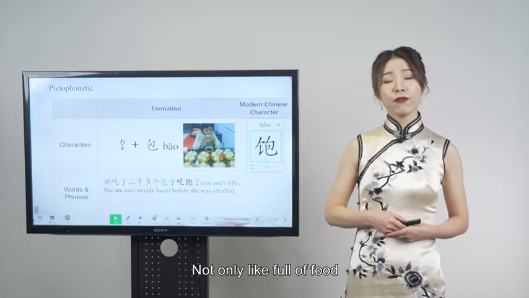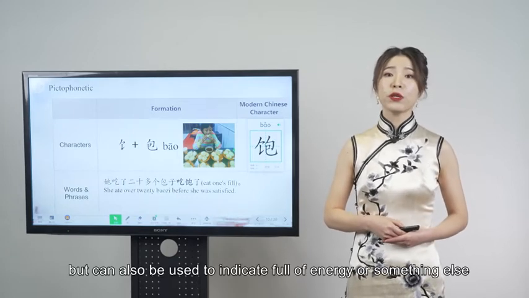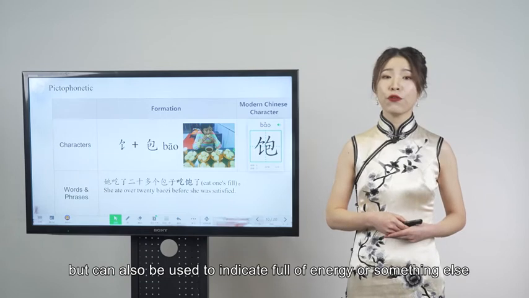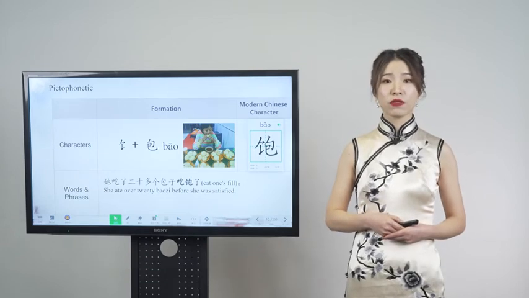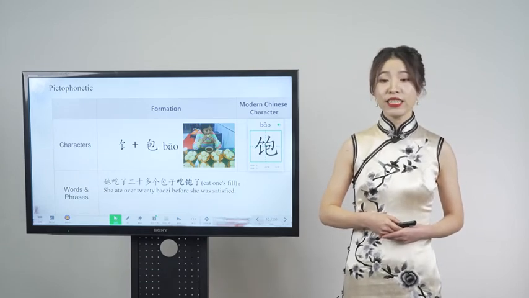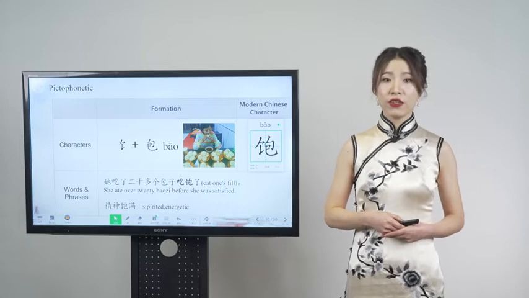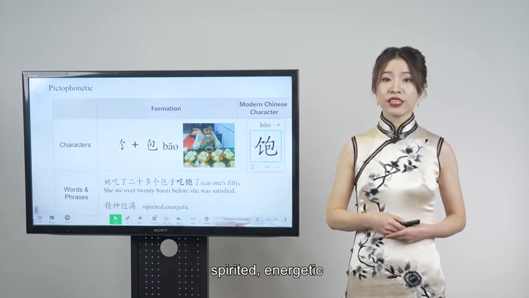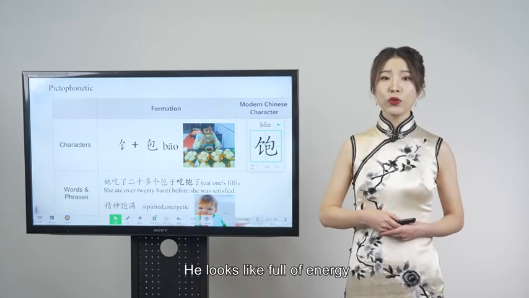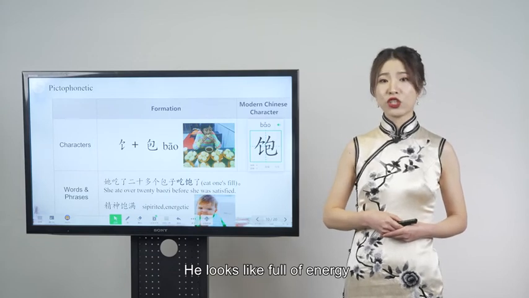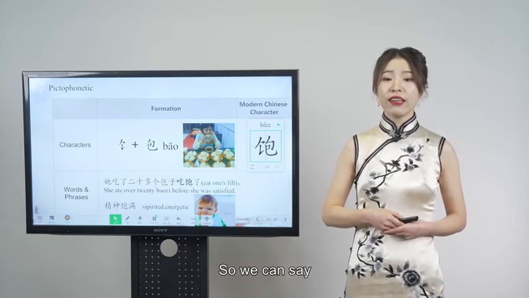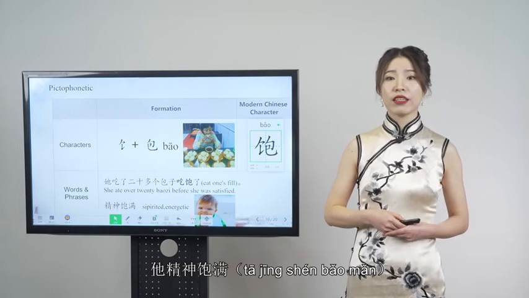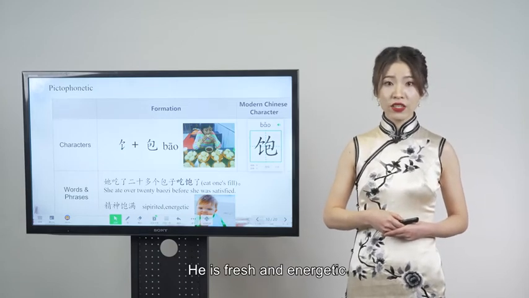Not only full of food, but it can also be used to indicate full of energy or something else. For example, 精神饱满, spirited, energetic. He looks like full of energy, so we can say 他精神饱满. He is fresh and energetic.